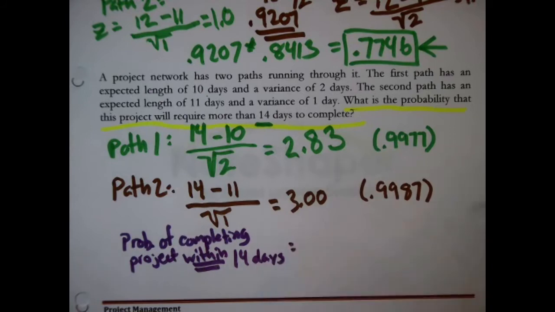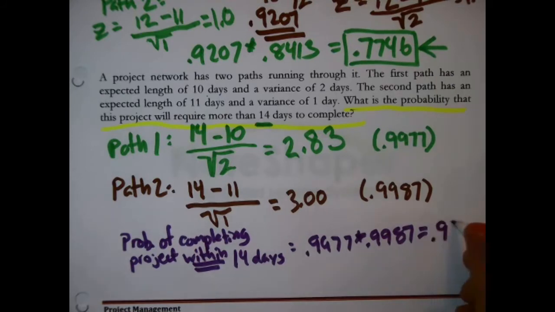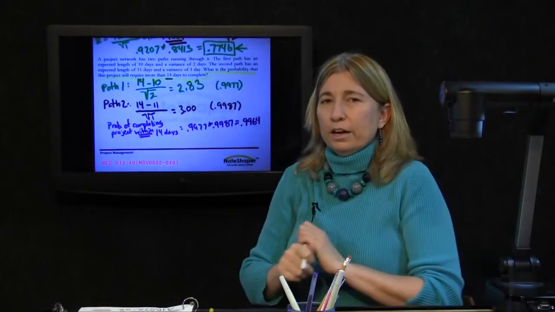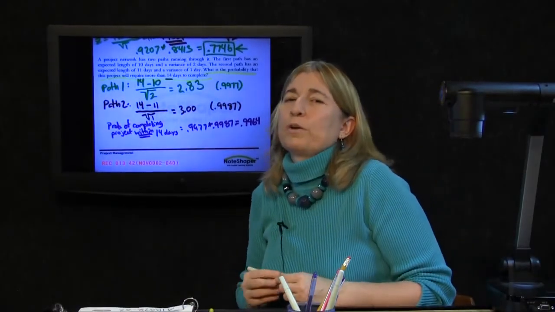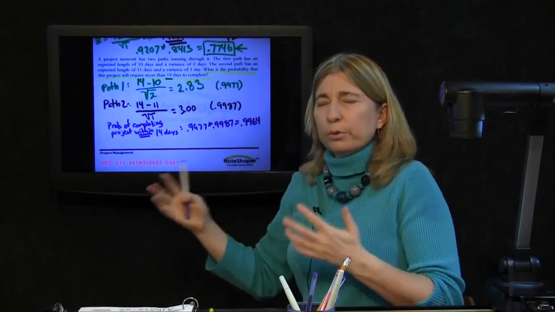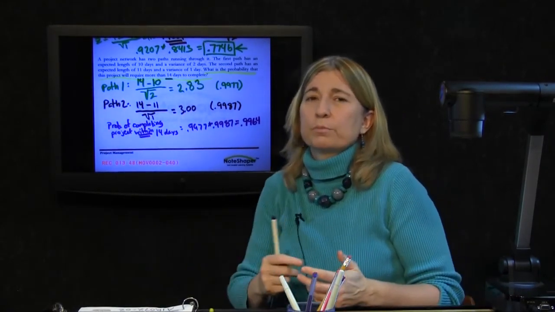Simple multiplication, 0.9977 times 0.9987. I did that: 0.9964. So we have revealed that it's pretty certain that you'll get done with this project within 14 days, because 0.9964 is 99.64%, nearly 100%.